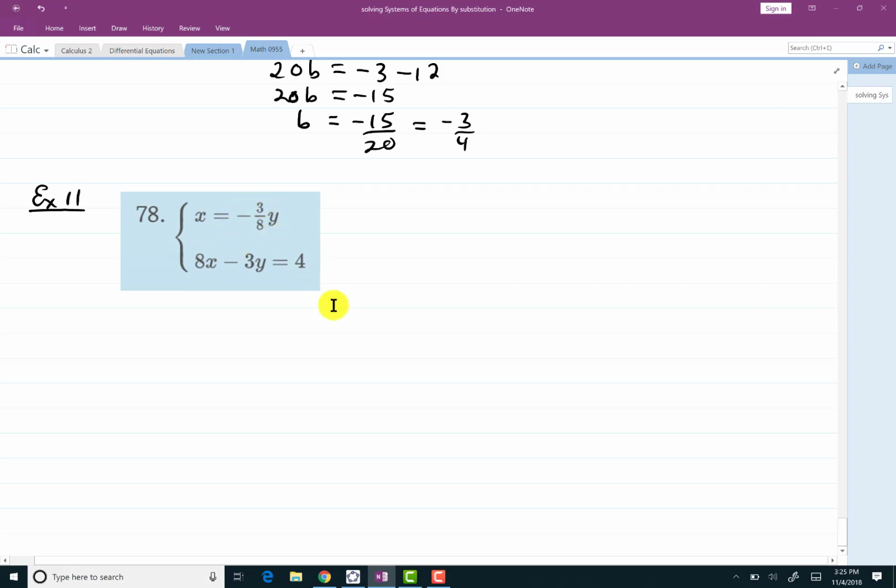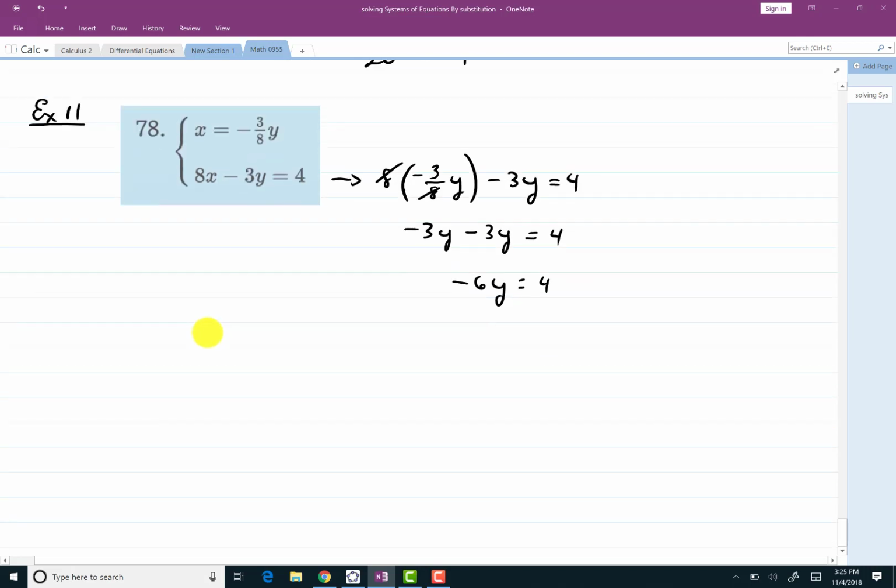So the second equation then is 8 times negative 3/8 y minus 3y equals 4. And then these 8's can cancel. It looks like I get negative 3y minus 3y equals 4, or negative 6y equals 4.